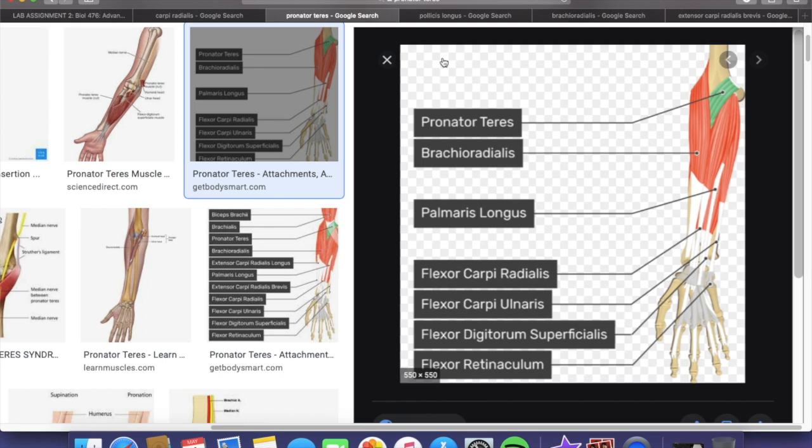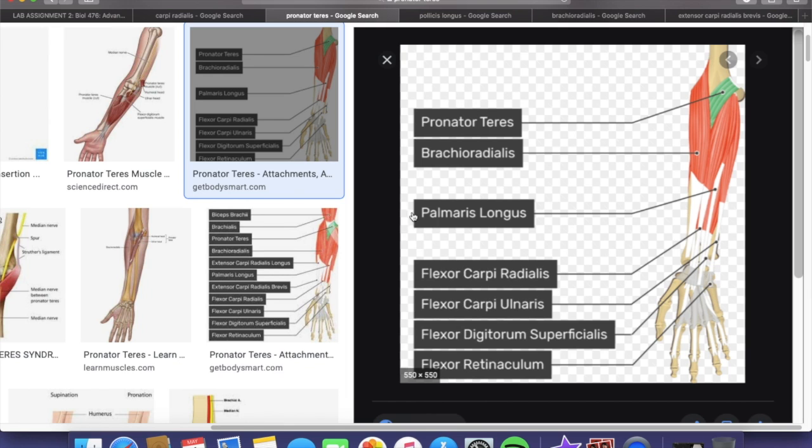Okay. Next, we're gonna go over the deep portion of the anterior forearm. Okay, and every muscle in the deep anterior forearm is supplied blood through the ulnar artery.